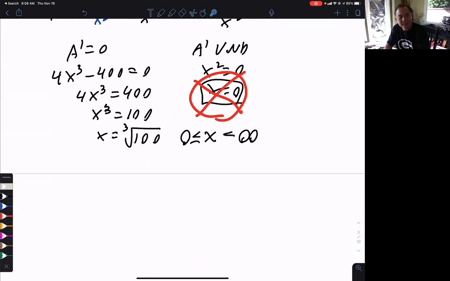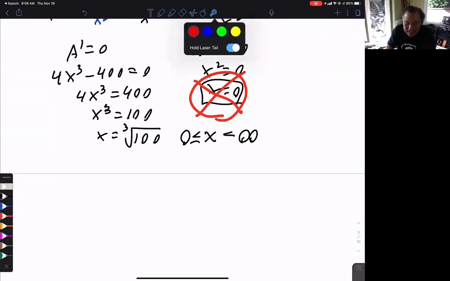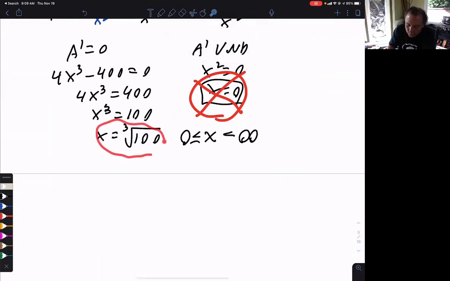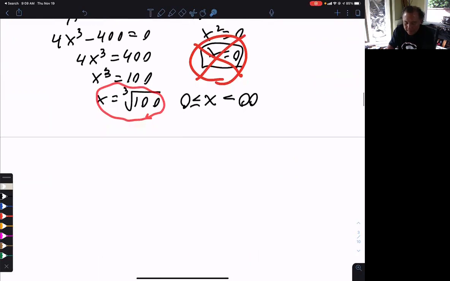But here's the deal. Remember that theorem that says if you have a continuous function with one relative extrema, it is an absolute extrema? That's what we're going to take advantage of here. Looks like we have one relative extrema. So let's do this.